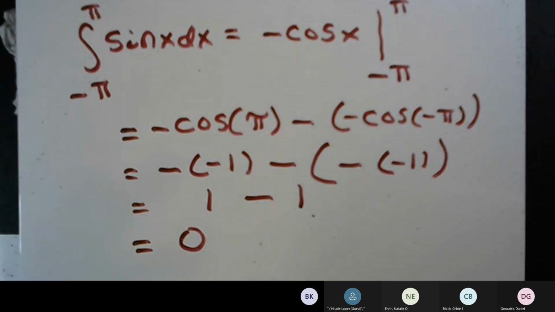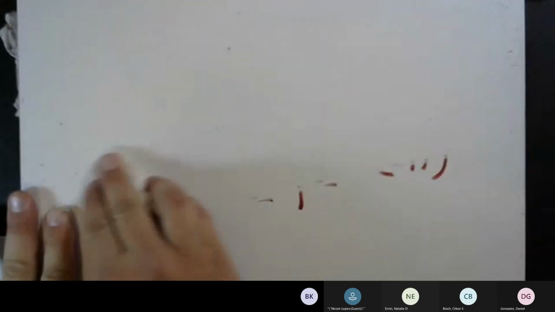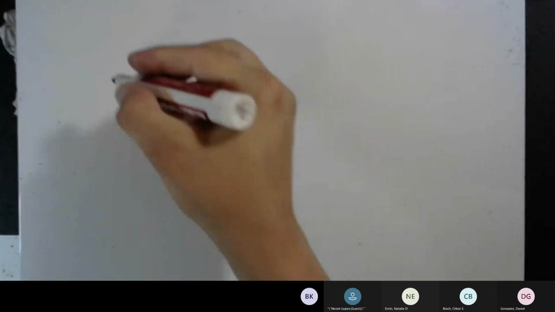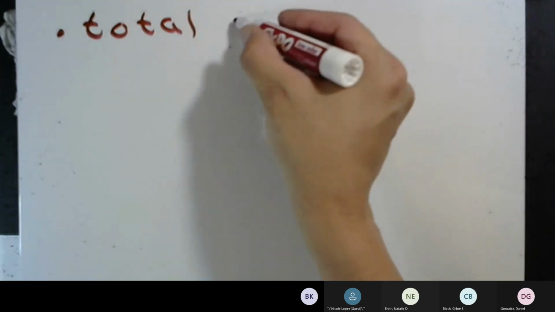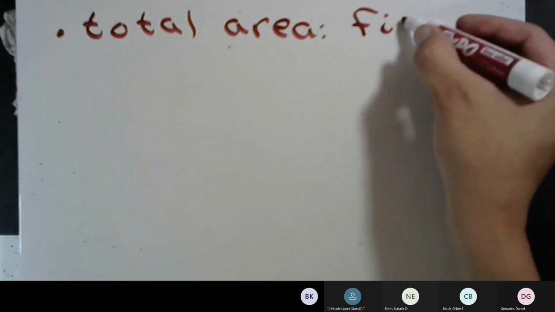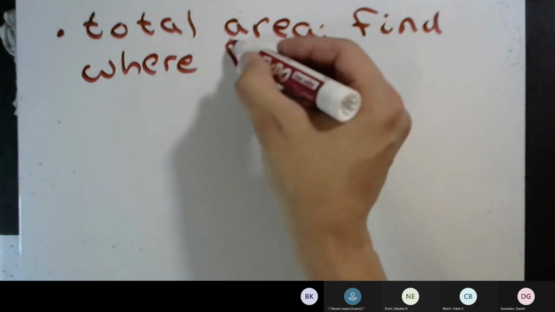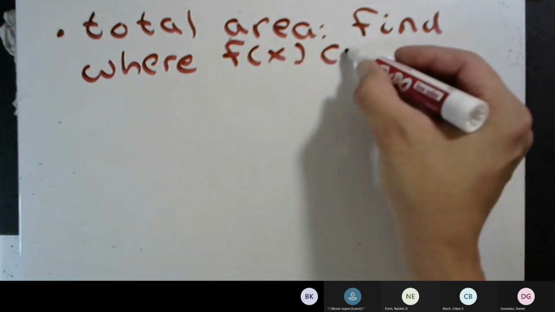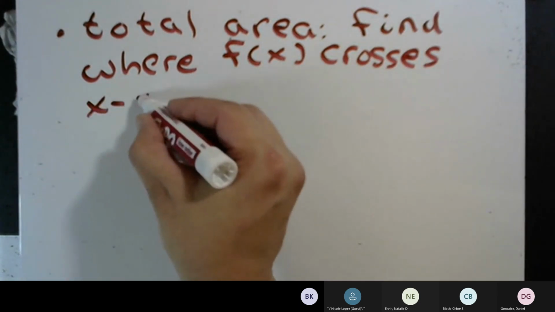So if you do the integral, you're going to get 0. And so what'll happen if we want, say, the total area between the function and the x-axis? For total area, I'm going to find where f of x crosses the x-axis.